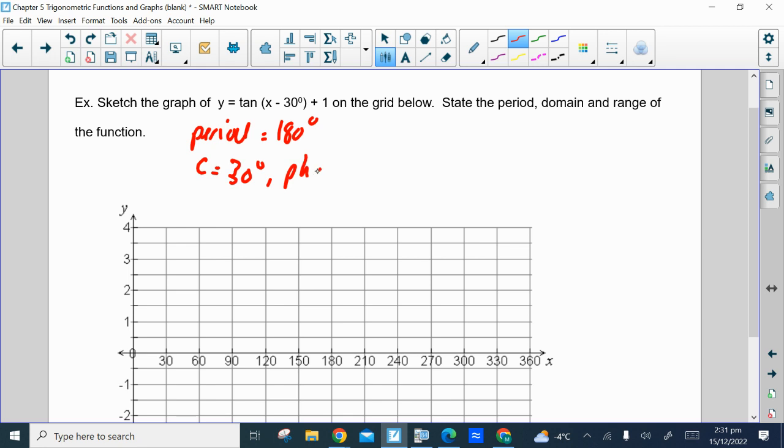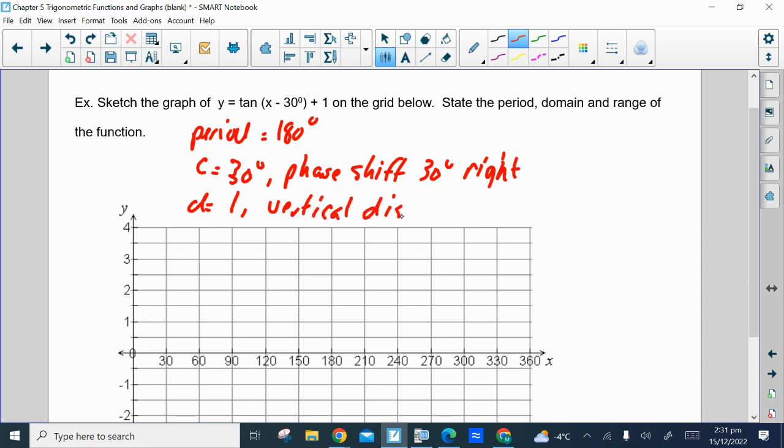So therefore we have a phase shift of 30 degrees to the right. And we have a d value of plus 1. So there's a vertical displacement of 1 up.